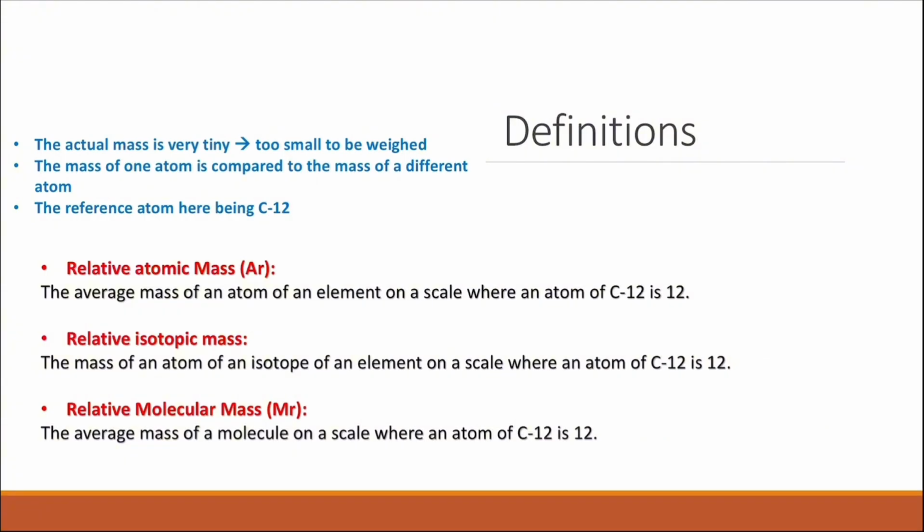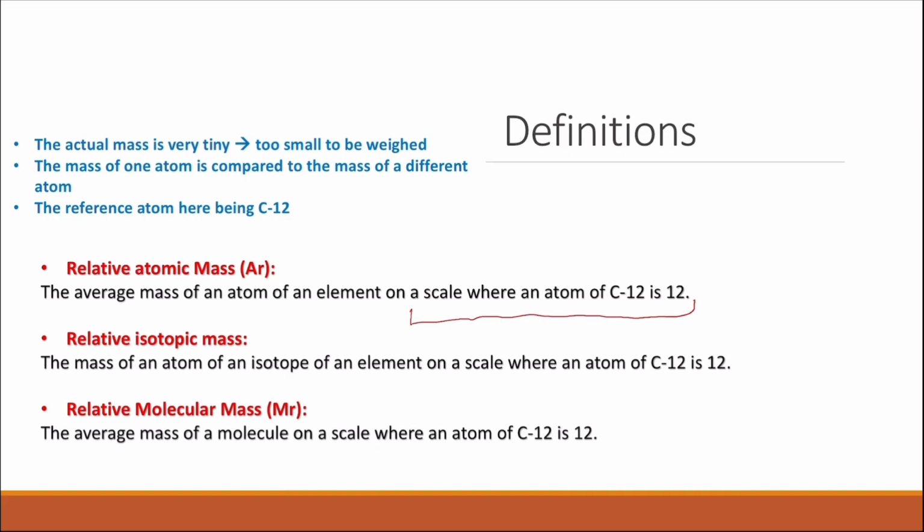Some of these definitions may come in your exams, so make sure that you know these definitions about the atomic mass, because we are going to talk about mass spectrometry. Mass spectrometry is one of the typical questions in paper one. Sometimes in the question about mass spectrometry, they ask you to define a relative atomic mass or relative formula mass. Remember that when you define the relative atomic mass or relative formula mass, you will always refer to the scale where an atom of carbon-12 is 12.